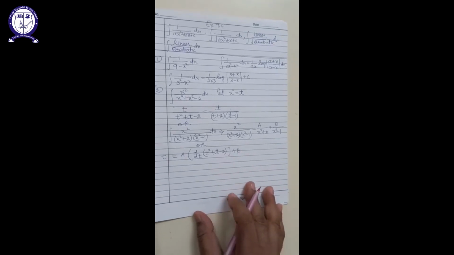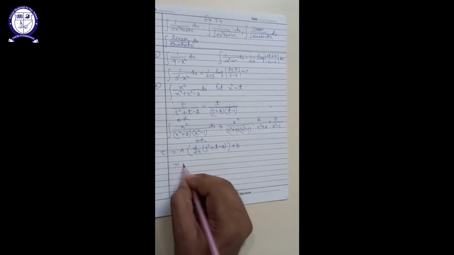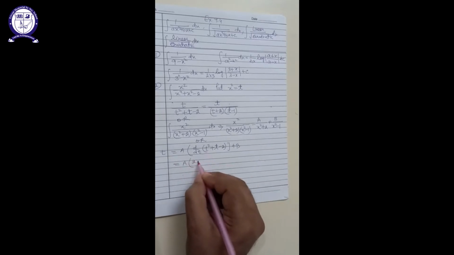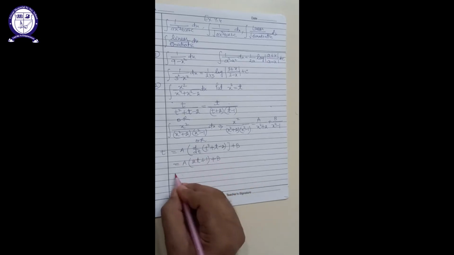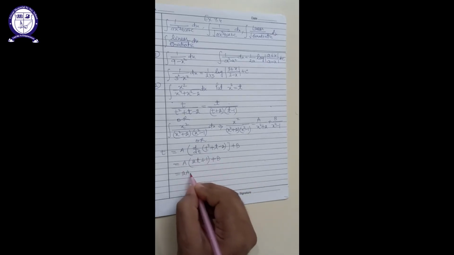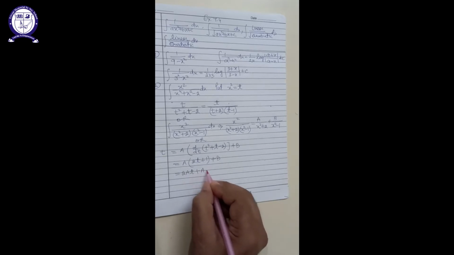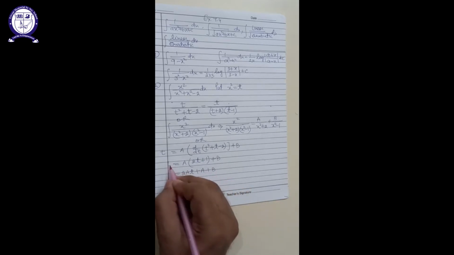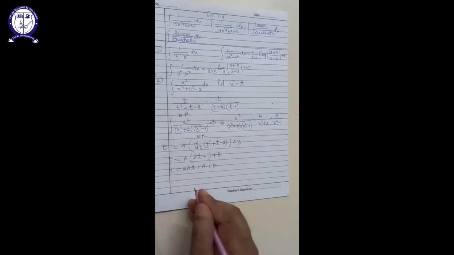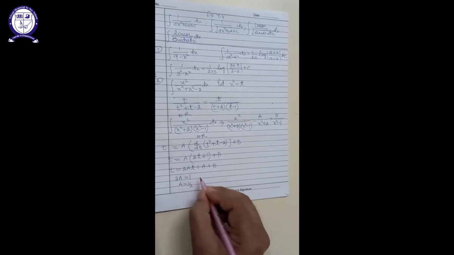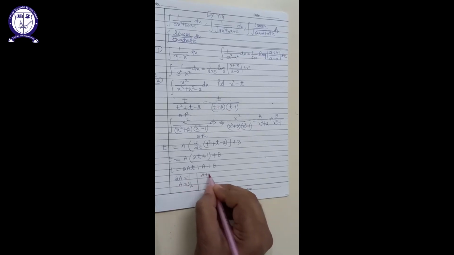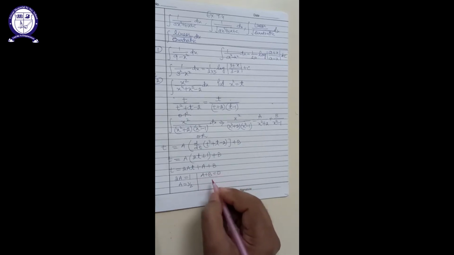The derivative of this is 2t plus 1, plus b. When you multiply, 2a t plus a plus b. On comparing, 2a is equal to 1, a is equal to 1 by 2, and a plus b is equal to 0, therefore b is minus 1 by 2.